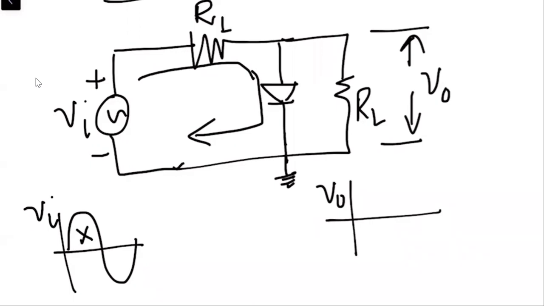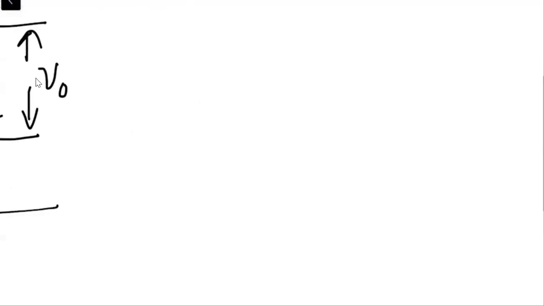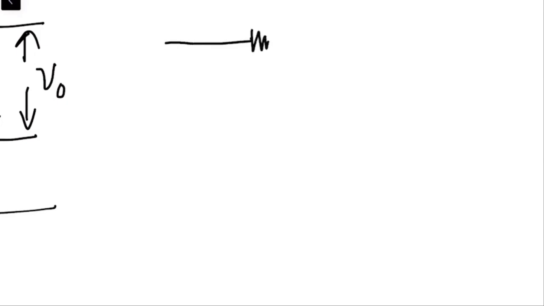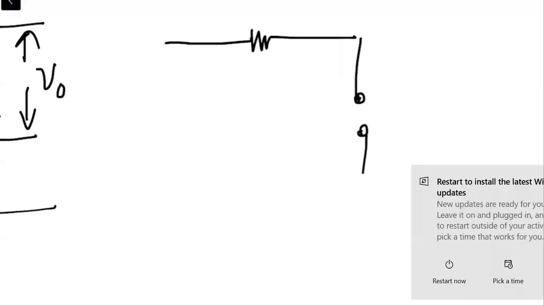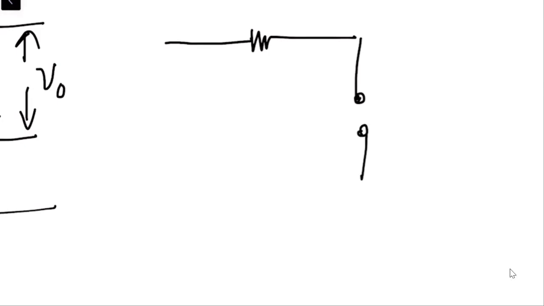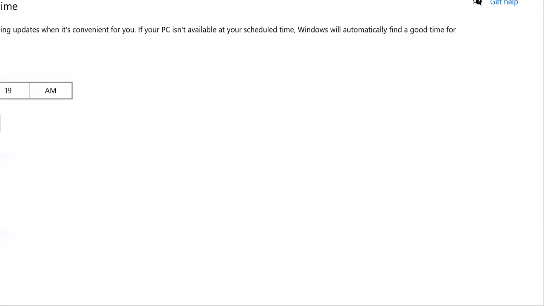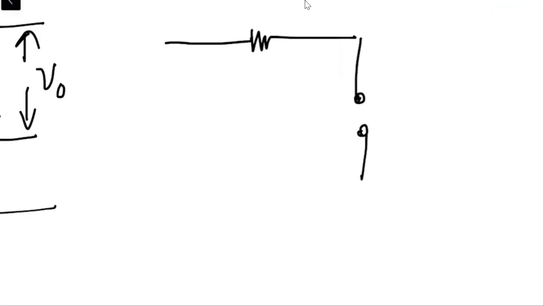This means that the diode will be behaving as an ideal diode, and during the positive half cycle the diode will behave as a switch, a closed switch, right? And we have a load resistor RL.